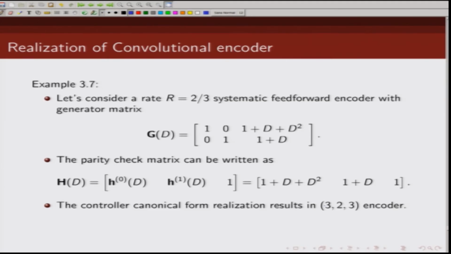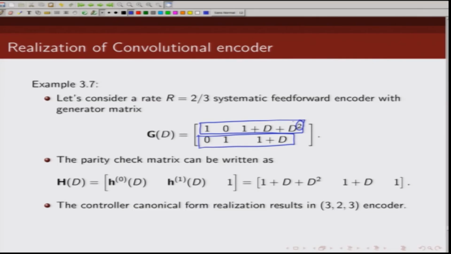So, in controller canonical form realization, there are two inputs here. We will have one set of shift registers for each of the inputs. So, we will have one set of shift registers for this and one set of shift registers for this. To realize this, we need two memory elements, because here the highest degree of D is 2, and to realize this we require one memory element.